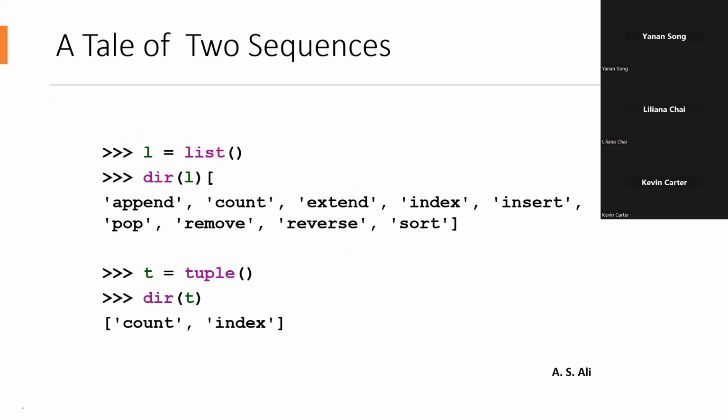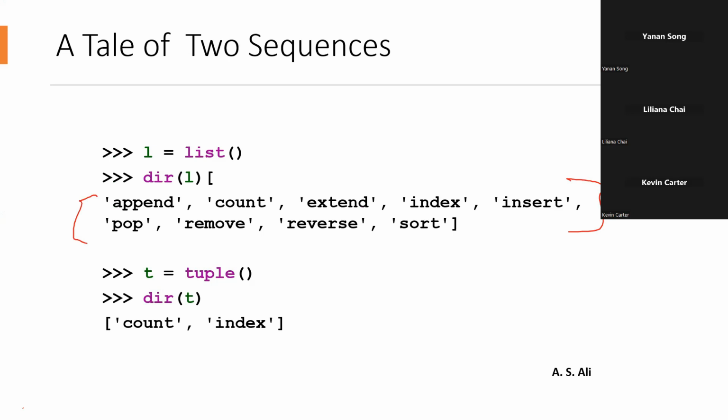That's why if you print the things you can do with a list, you will see all these things. You can do them with a list. You can append, which means to add something to the list. Count, you can know the total number of items in the list. Extend also means to add elements. Index, you can get the position. Okay, what is the position of the element inside the list?